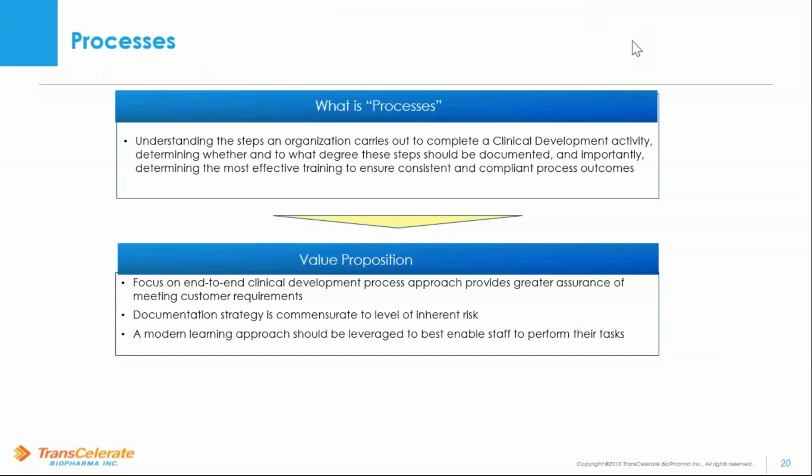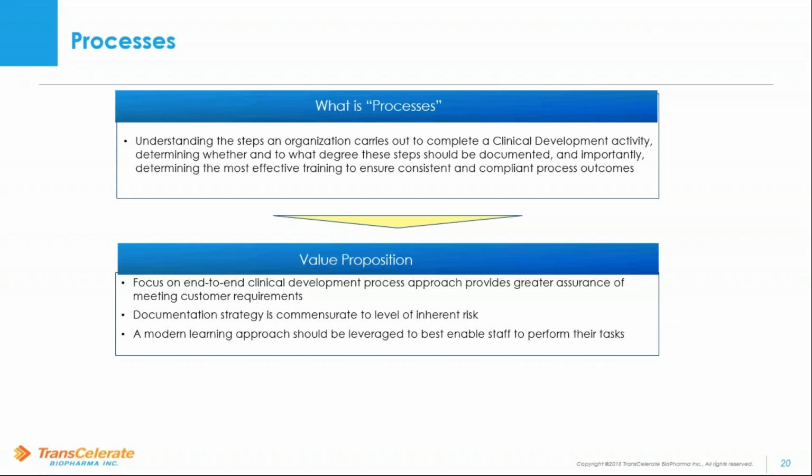So moving on, defining our terms: processes. When we talk about processes, what do we mean by that? It's really understanding the steps an organization carries out to complete a clinical development activity and determining whether and to what degree these steps should be documented, and importantly, determining the most effective training to ensure consistent and compliant process outcomes.